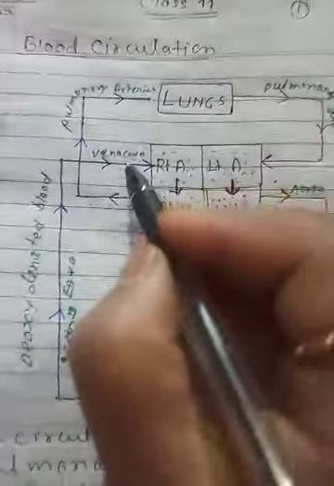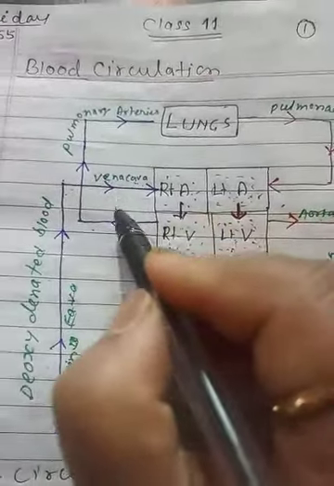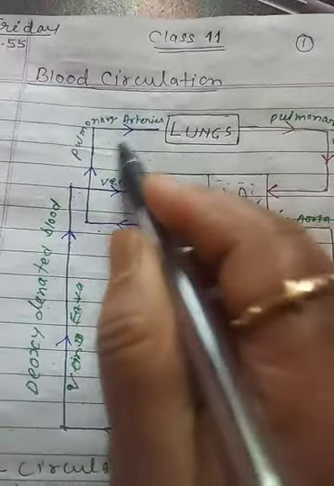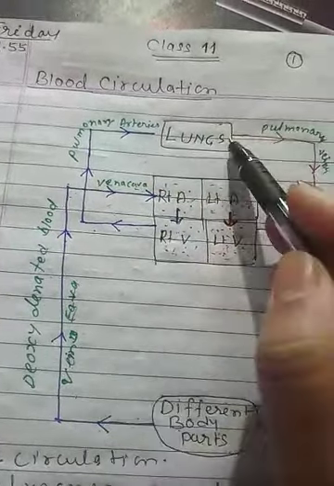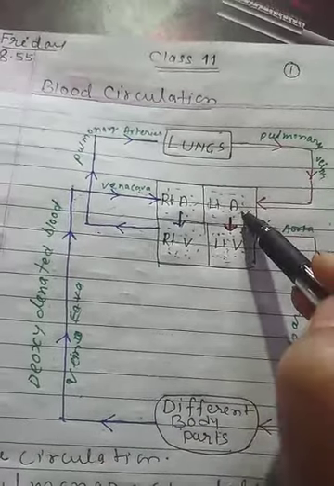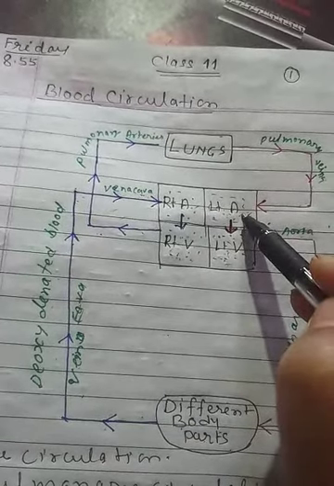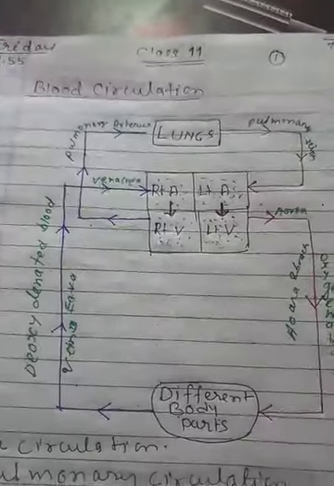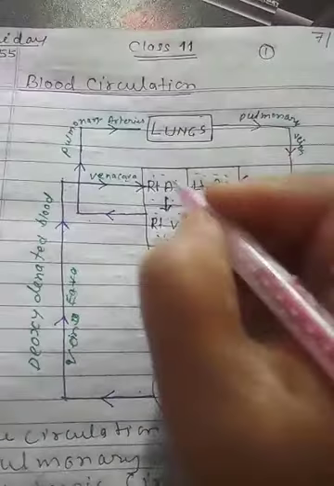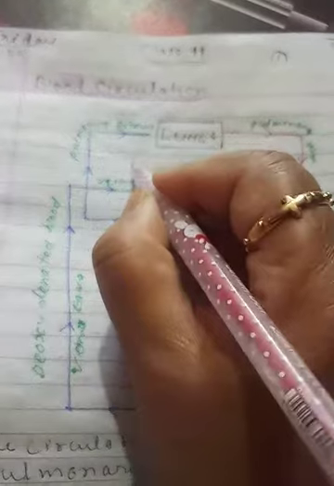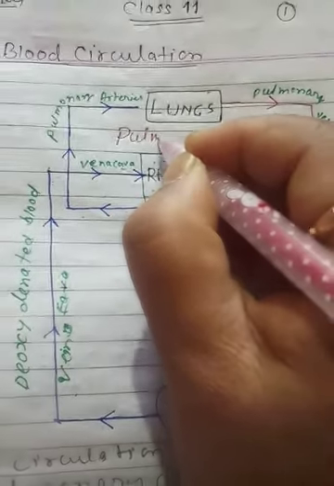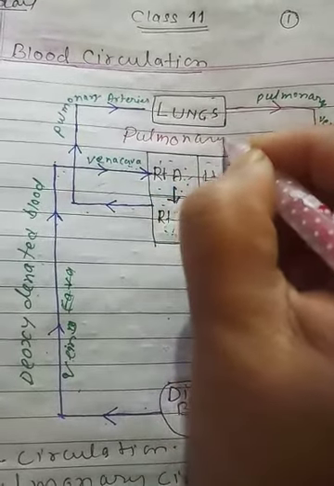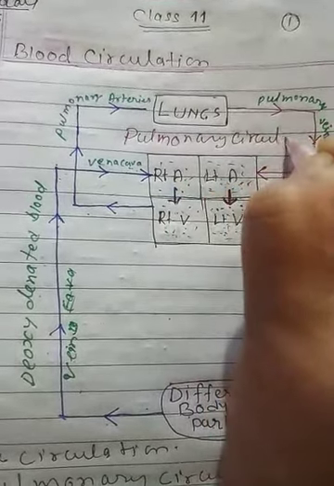So that means here this portion from the heart to the lungs and then back to the heart. Understood or not? Yes, ma'am. And that is the pulmonary circulation.